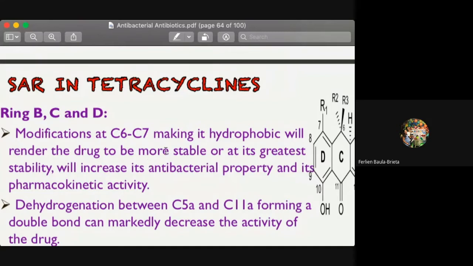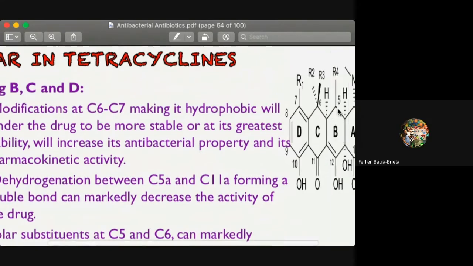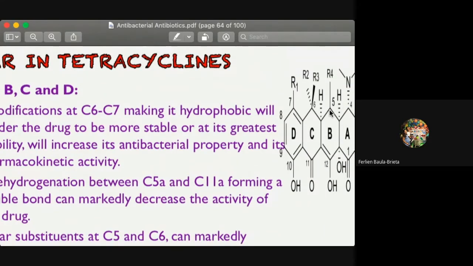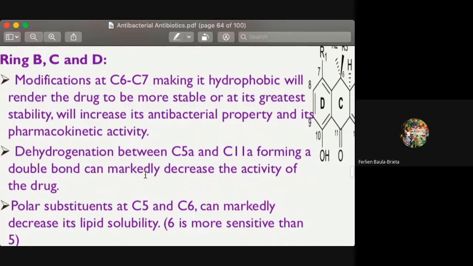So dehydrogenation between C5A and C11, C5A here at the bottom, and C11 forming a double bond can markedly decrease the activity of the drug. So you will not perform dehydrogenation, because that will decrease the activity of the drug.